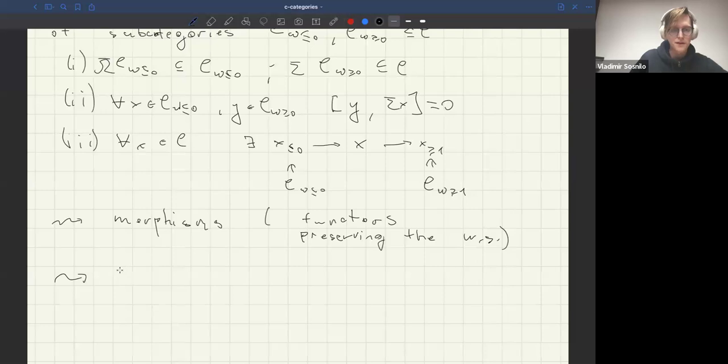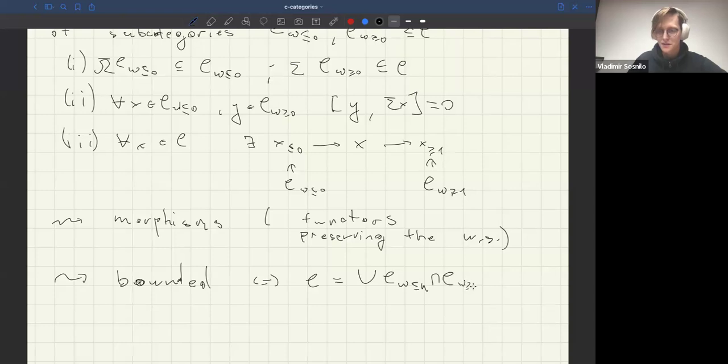So you can also say that the weight structure is bounded if and only if, let me write it this way, that C is the union of the intersections of the connective part with the co-connective part shifted by minus n, for an integer n.